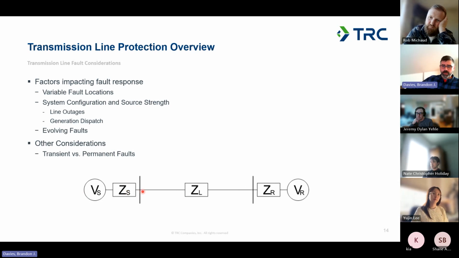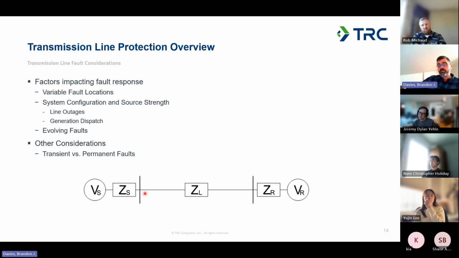If the fault's close in, your fault current is going to be just based on Vs and Zs. If you put it further down the line, it's going to be based on Vs, but you're going to have a higher overall system impedance of Zs plus Zl.